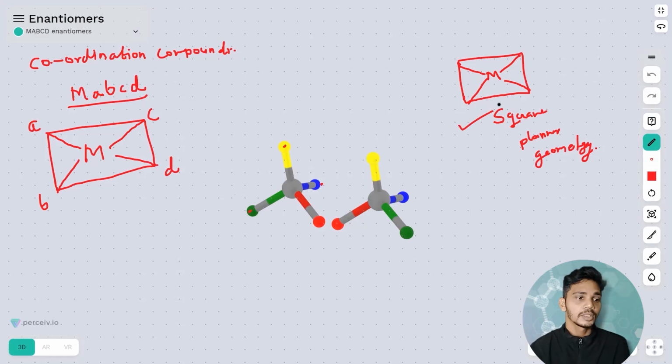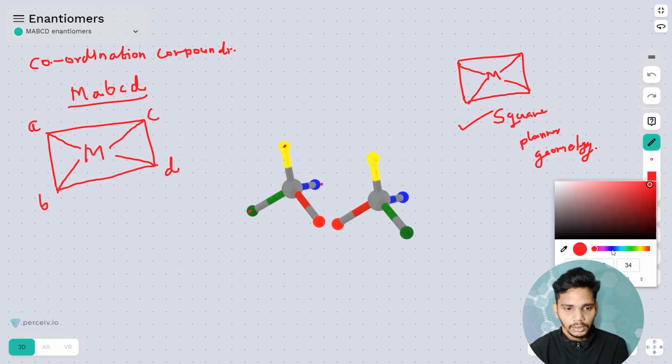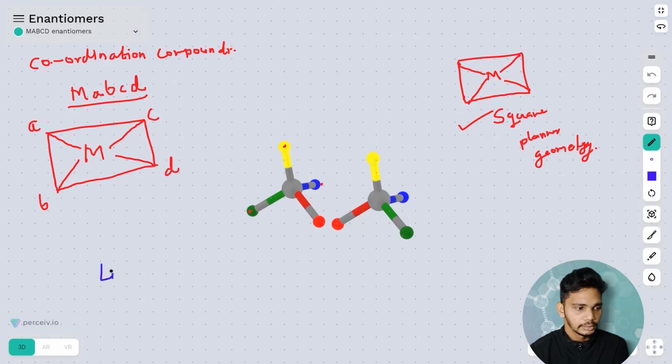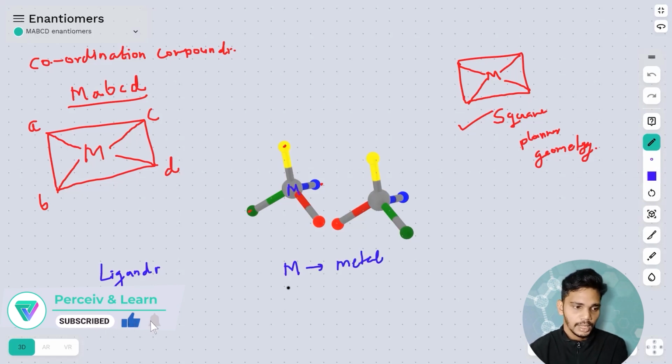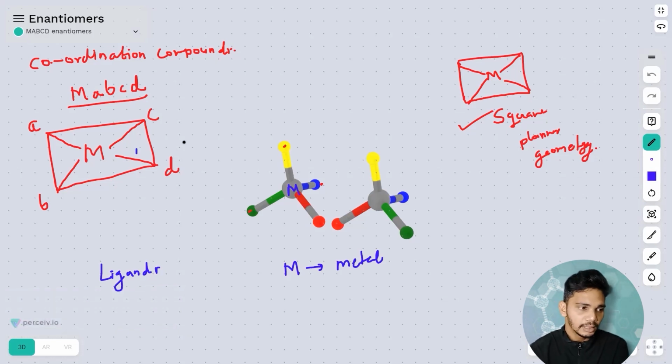But in this case, the type we are talking about in detail is MABCD. How many ligands are there? I used the word ligands here. What are ligands? M stands for metal, which is here, and A, B, C, D are the groups bonding to it. They are called the ligands.